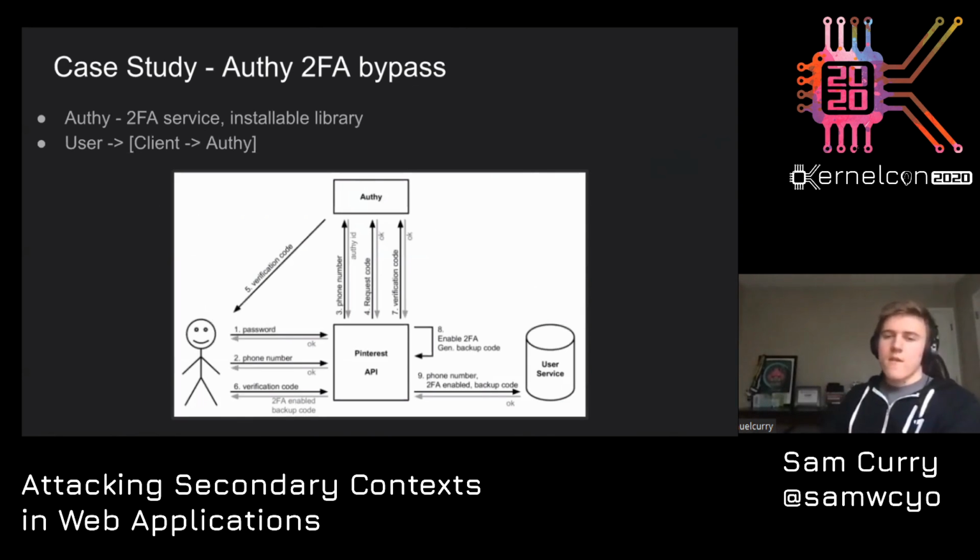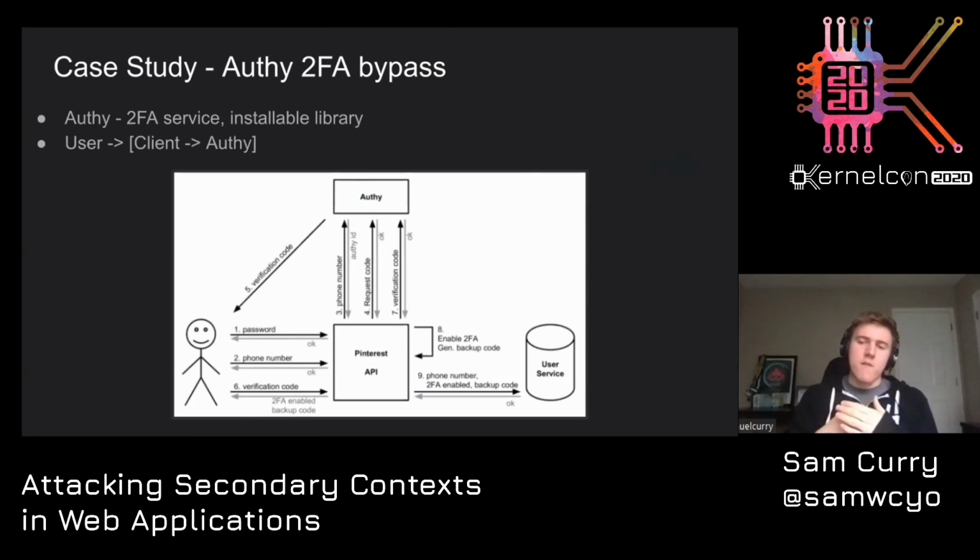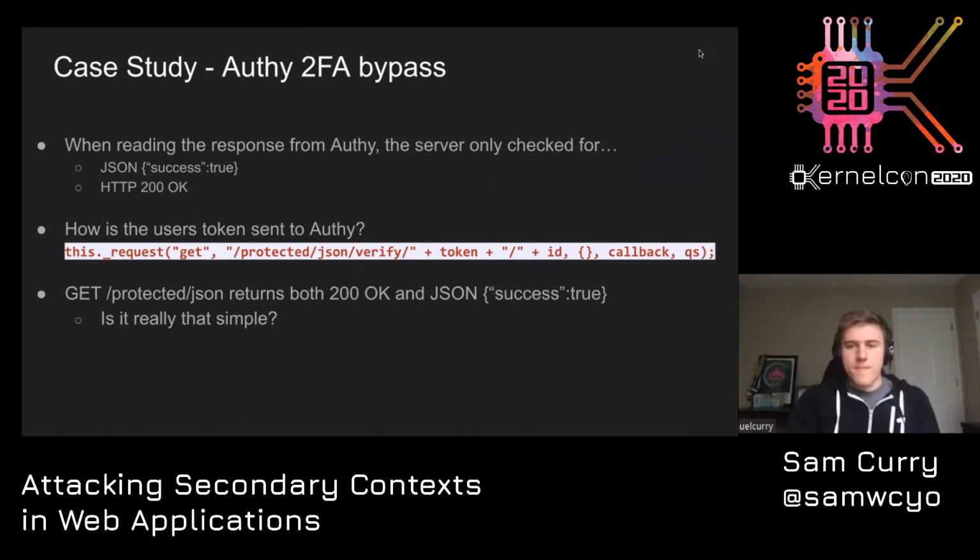And it's a very interesting case where you control information that's being sent to that secondary server, which is Authy. The crazy thing was that the only check, in Pinterest's case the library Pinterest was using, for that API call to verify your code was whether or not it returned 200 OK and a JSON success true.